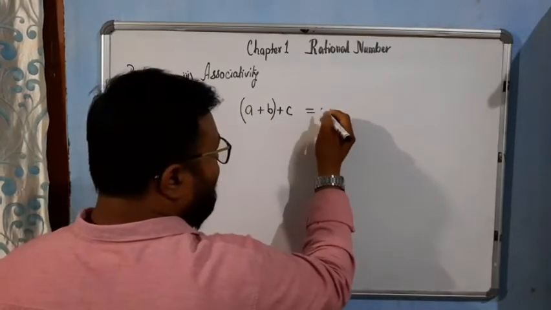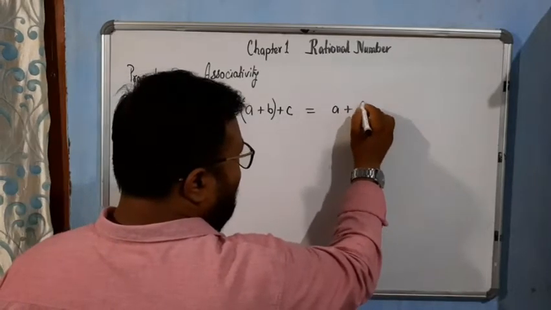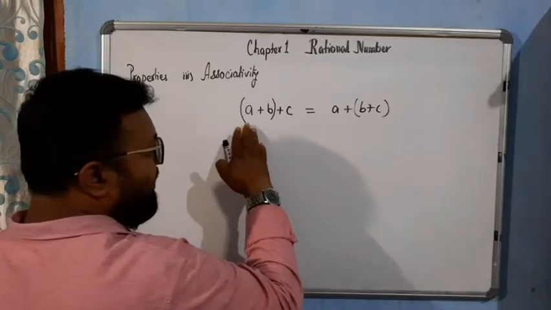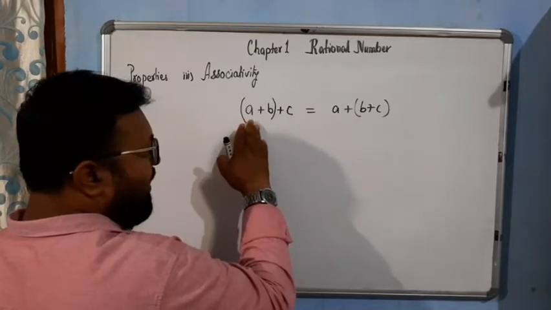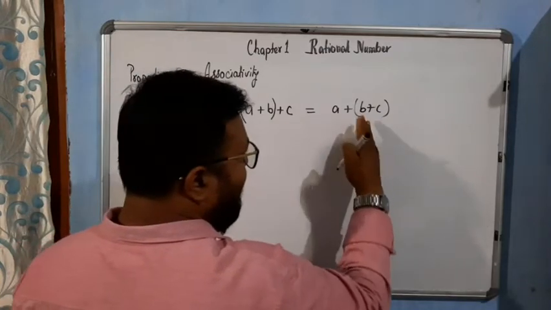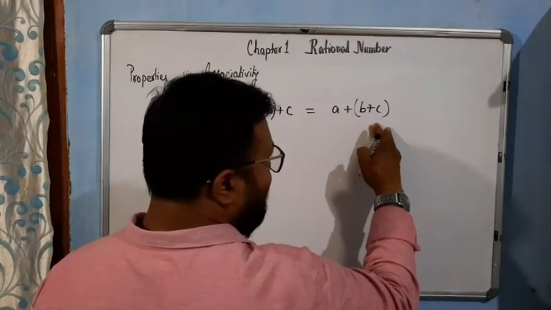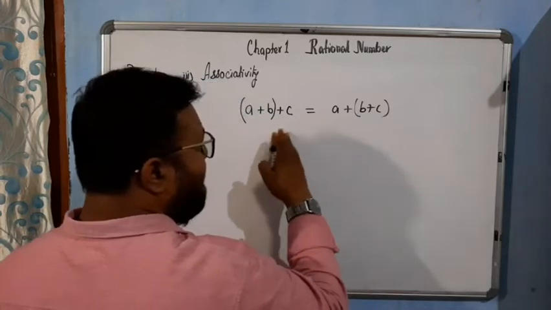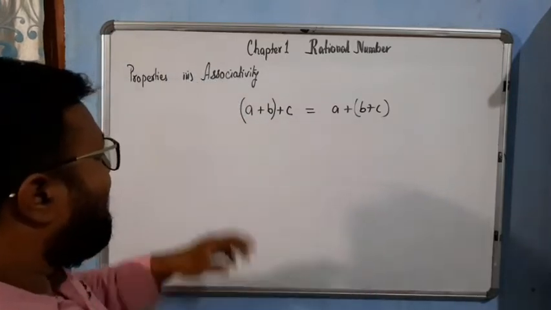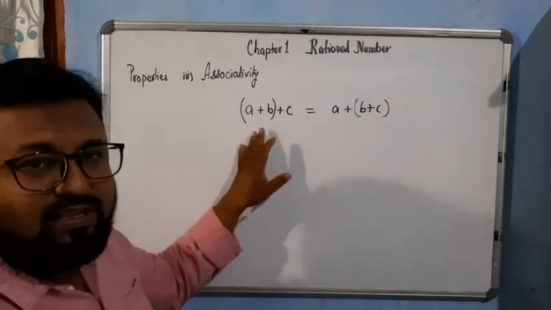Whether it is equal to a + (b + c) or not. On the left hand side, we add two numbers a plus b first and then add c. On the right hand side, we add the second and third numbers first and then the first number. If both results are equal, then we can say that associativity is applicable in case of addition.